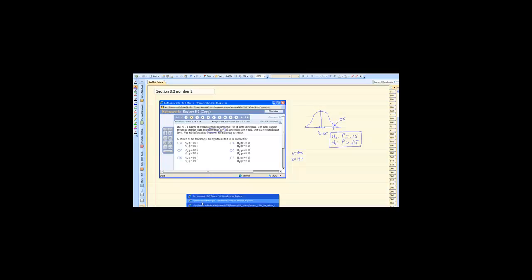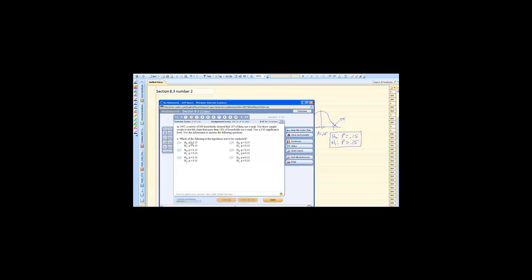So to answer the first question, we would select the appropriate set of hypotheses here. This is what we drew out, p equal to 0.15 for the null hypothesis, and then the alternative hypothesis, p greater than 0.15.